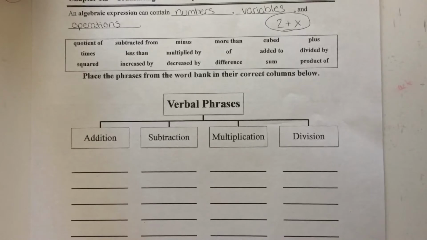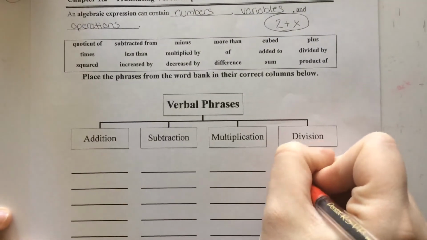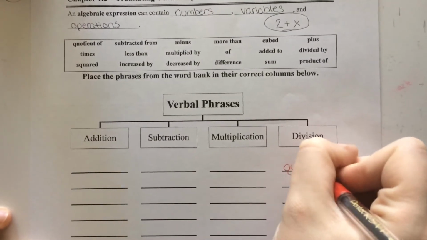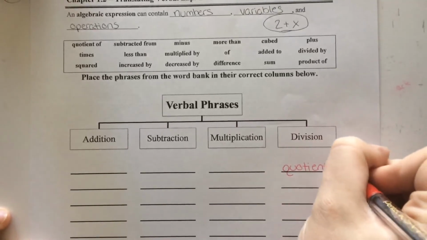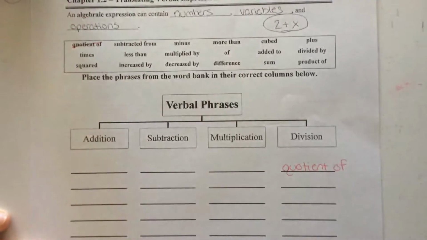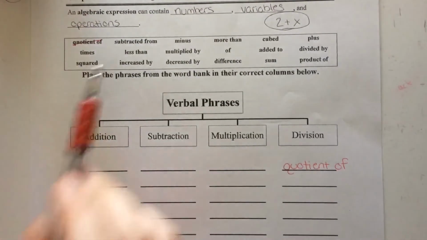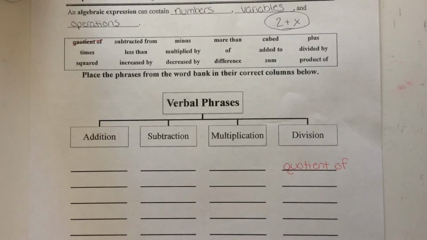So let's start here with the first one, quotient of. Well, quotient goes with division. Okay, and normally as I go through a list, I cross things off. Times, well, 8 times 5.